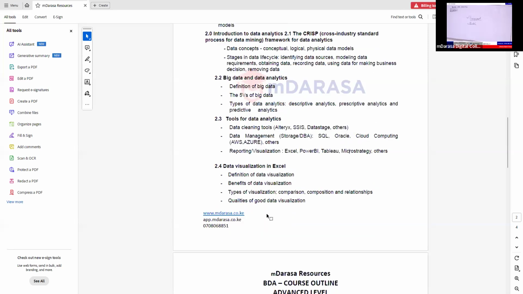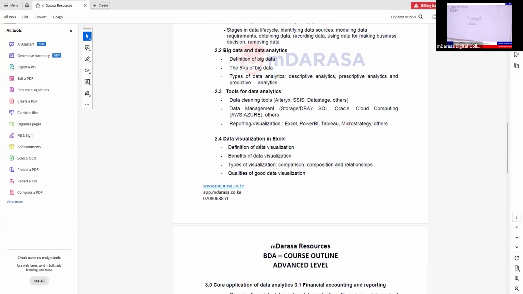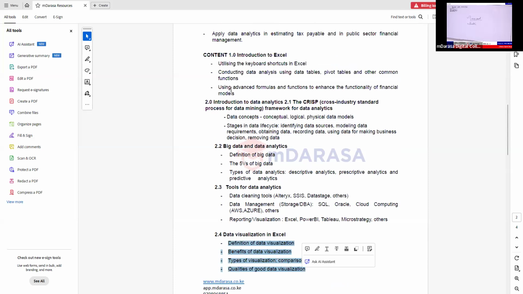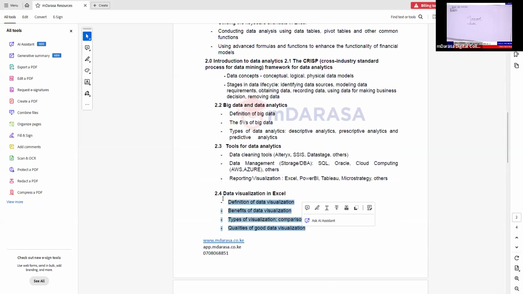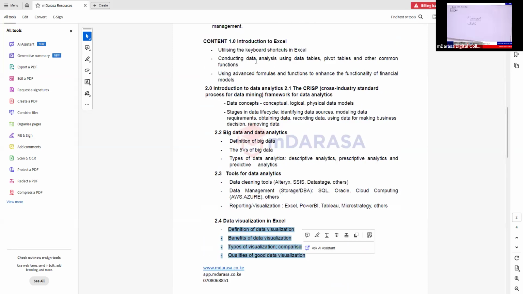Then, in addition to that, you'll find that the majority of this bit, except for data visualization, we are going to cover on Introduction to Excel. You see point number 4 in topic number 2, we are going to cover it while we are introducing Excel, because this is more of the practical bit, where we will be expected to present our data.